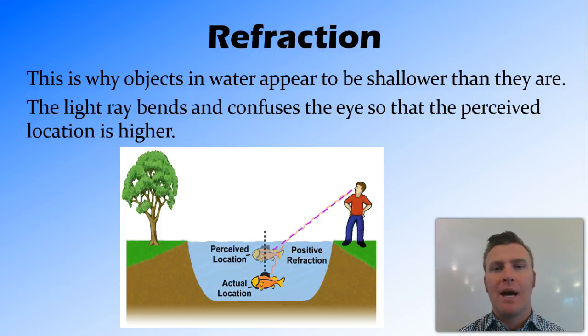And our brain isn't wired to cope with this bending because the rays generally travel in lines. What the brain does is perceive that this ray traveled in a straight line, and therefore tricks the brain into thinking that the object is higher or shallower than it actually is.